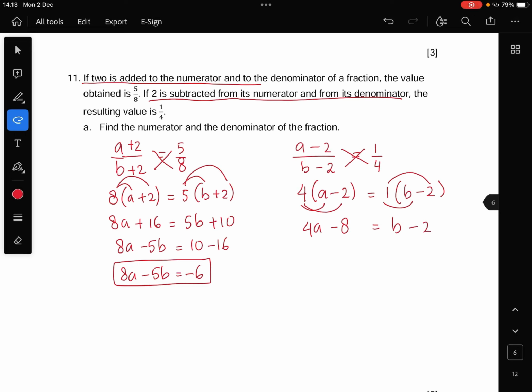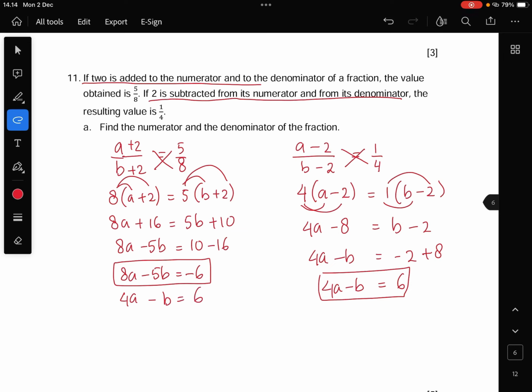Leave all of the variables on the left side. So 4a minus b is equals to negative 2 plus 8. 4a minus b is equals to positive 6. Okay. After that, we can just put it here under the first equation.